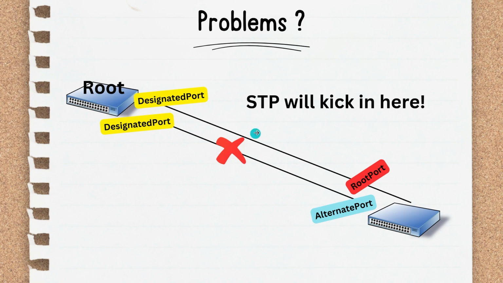In order to have port redundancy, we thought of it like this: if one of these physical ports fails, we have this second port for redundancy. We connected two ports, but STP will kick in here. Let's say this bridge was the root bridge, it will detect that these two connections are causing a layer 2 loop, so it will assign port roles in such a way that one of those ports will not be used because of this alternate port. So that's the problem.